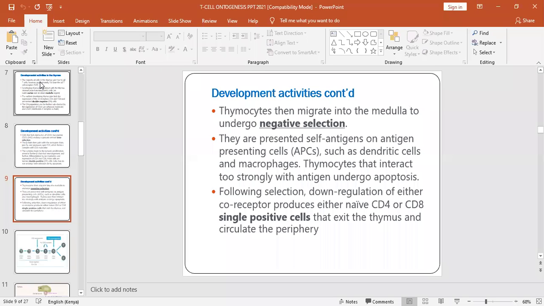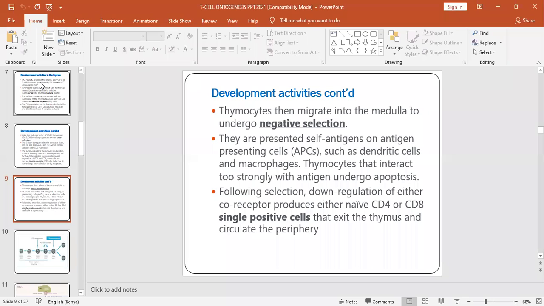So the cell there is double positive. It has the co-receptors CD4 and CD8. And if you look at even the size of this cell, it is a little bit larger compared to the mature T cells. Once these cells have passed that test, they are able to recognize the MHC molecule.